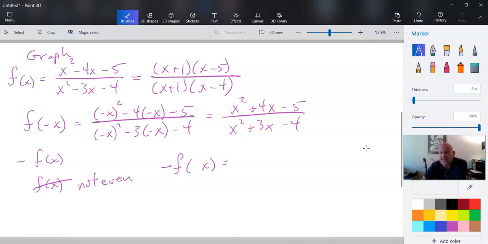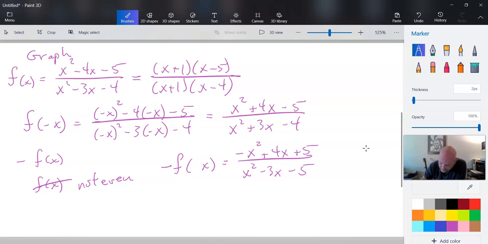Really, it's just changing all the signs in the numerator or all the signs in the denominator, but not both. So most likely what you're going to be looking for is negative x squared plus 4x plus 5 in the numerator, and the denominator would stay the same. So it would look something like this.